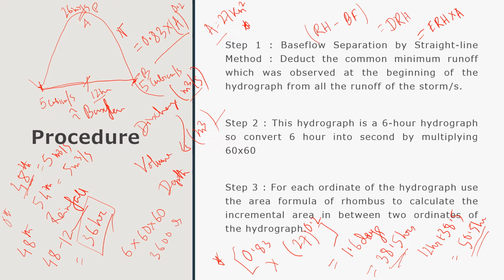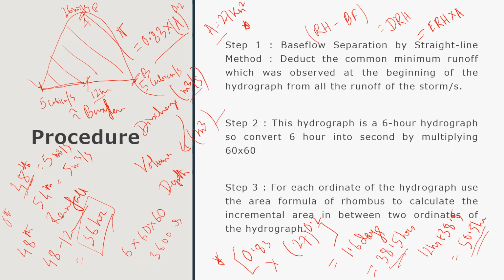to find the area under the DRH. That means this is our area under the DRH. Now you can see from the incremental area calculation formula, we can divide this hydrograph into multiple polygons.